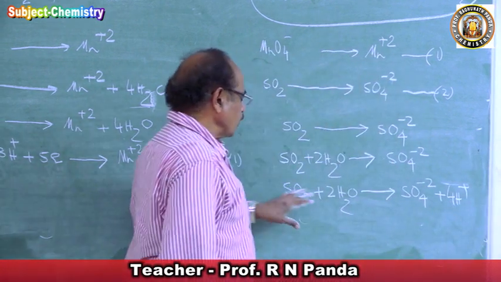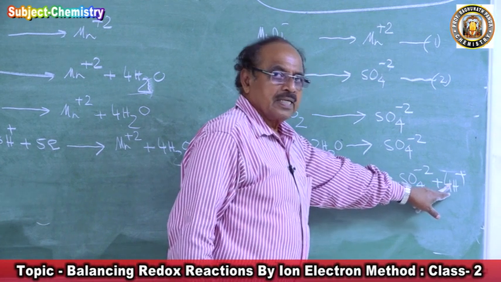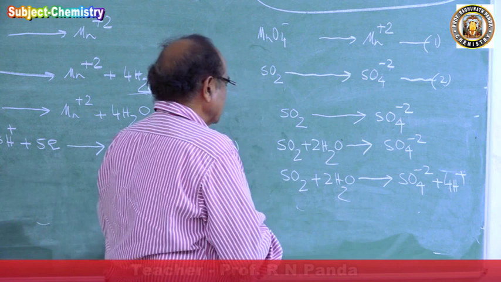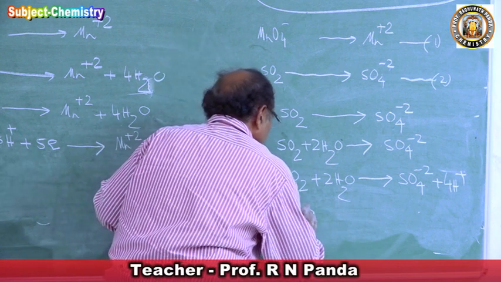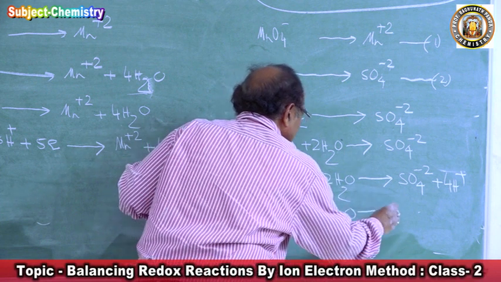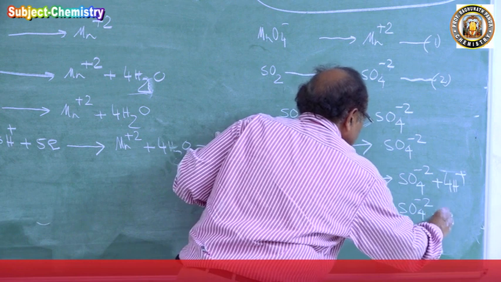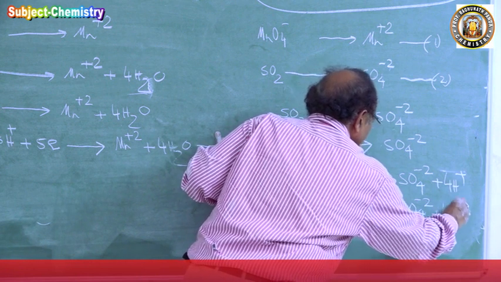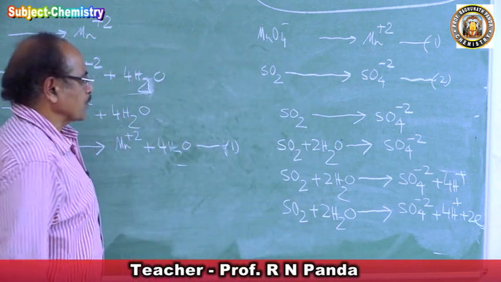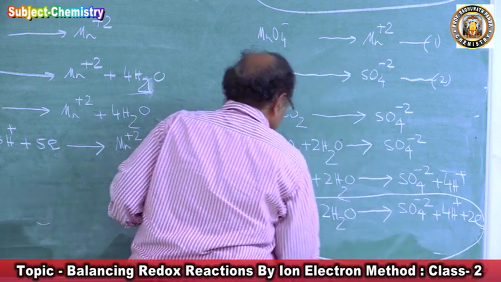So we have no charge on the left side, and on the right side minus 2 and 4H plus. So the right side has 2 extra positive charges. So we'll balance that. SO2 plus 2 water will give SO4 minus 2 plus 4H plus plus 2 electrons. So you got the equation for sulfur dioxide.